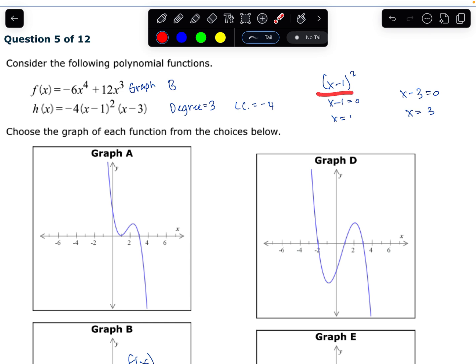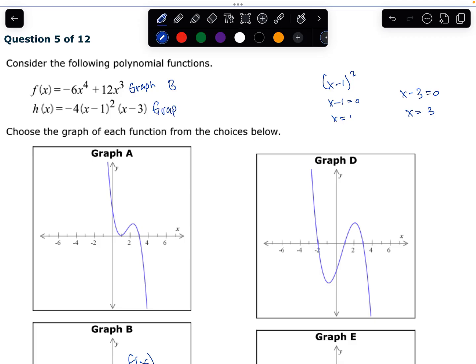If you have a factor that is an even amount, then that x-intercept shouldn't cross, it should only touch. Like right here, x equals 3, we only have one factor, which is odd, which means it should cross through the x-axis at that x-intercept. So this has got to be graph A.